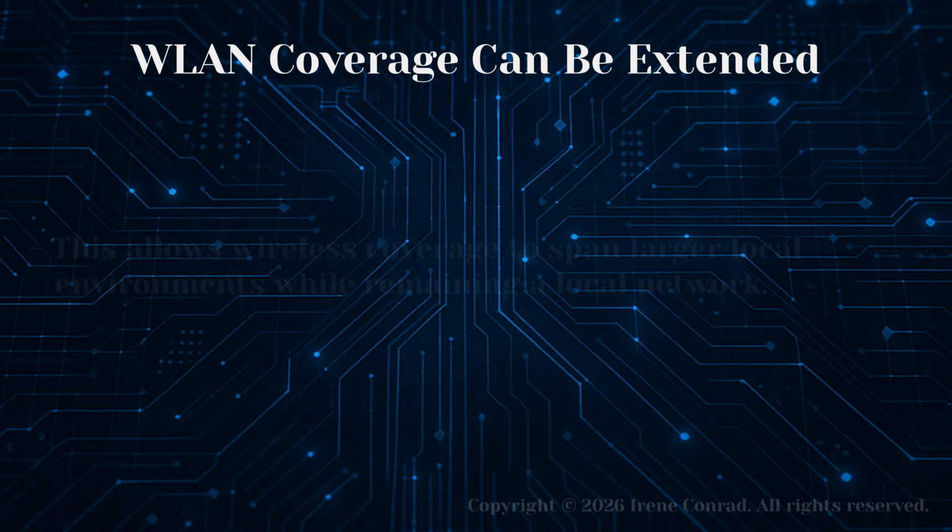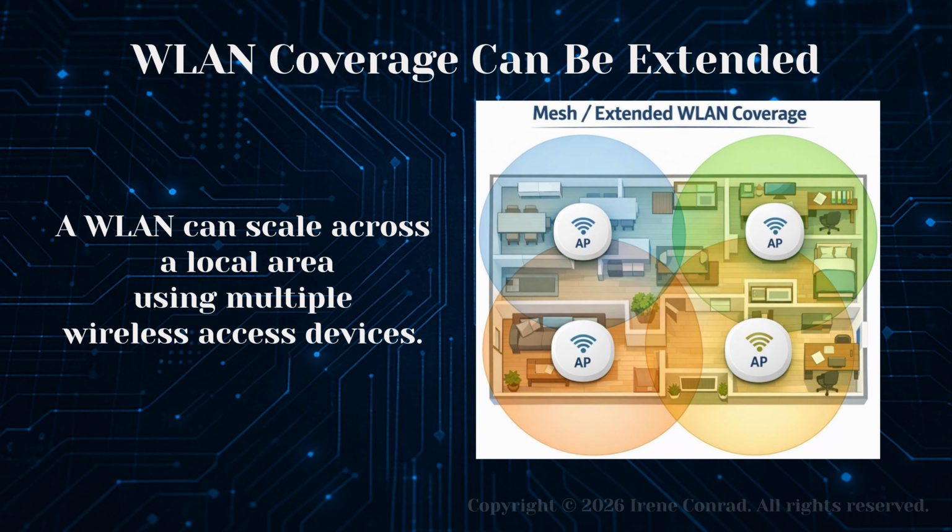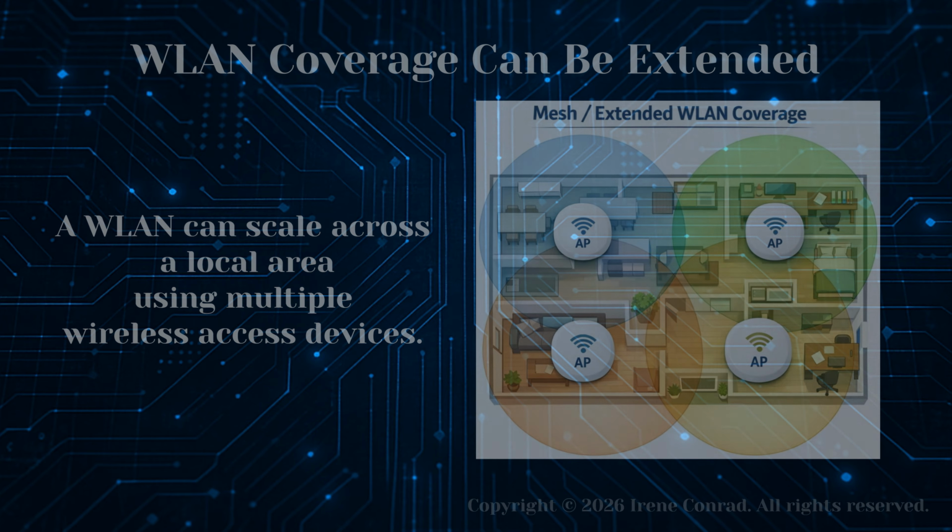That means a wireless network is not limited to one little corner of a building. It can still be a local network, but one that spreads wireless coverage across a home, office, or similar local environment. So when you hear WLAN, think local network area, but wireless access throughout that area.